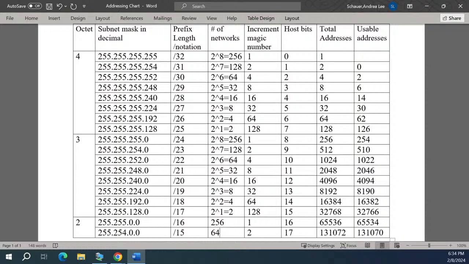What would I use? So I need 2 networks with at least 280 hosts. Yeah, so you have to, yeah.